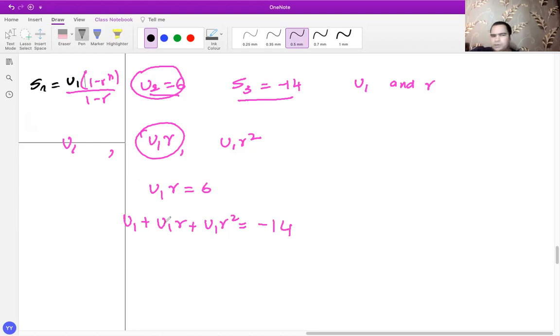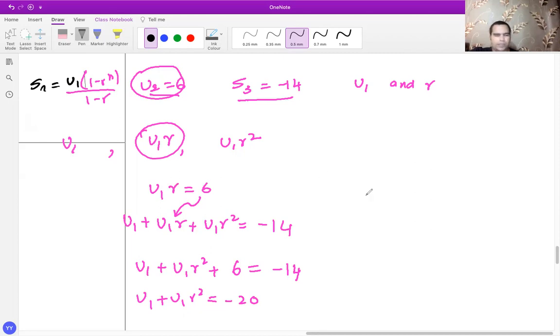So out of the given data that we have, u1r is 6. So this value is 6. So you can do one thing: u1 plus u1r squared plus 6 equals negative 14. And then from here, what we get is u1 plus u1r squared is negative 20. And then we'll also make use of u1r is 6.